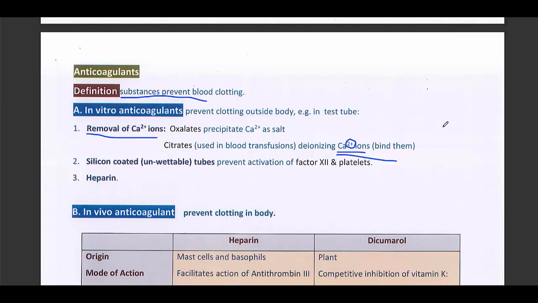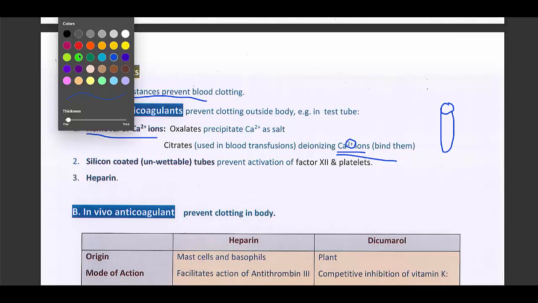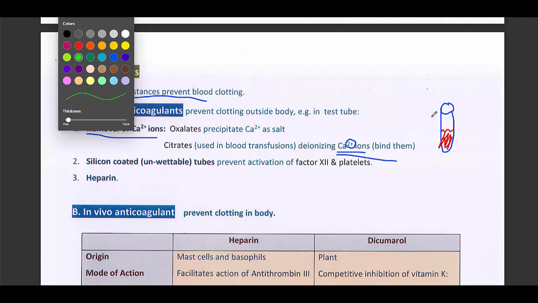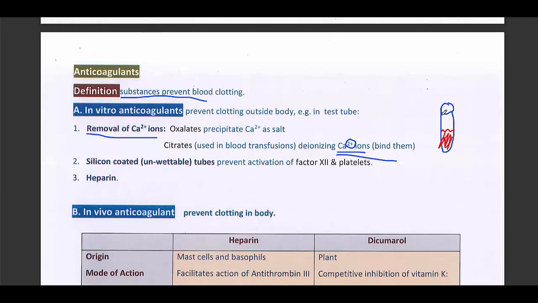The second way in vitro is silicone coated tubes. Inside the tube, let's imagine this is the content of blood. The whole tube contains silicone. Why?